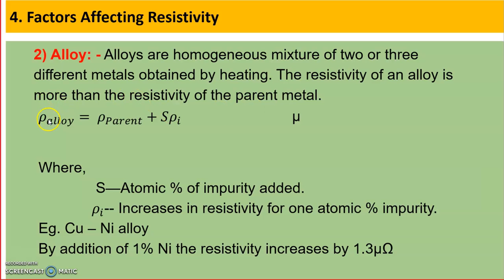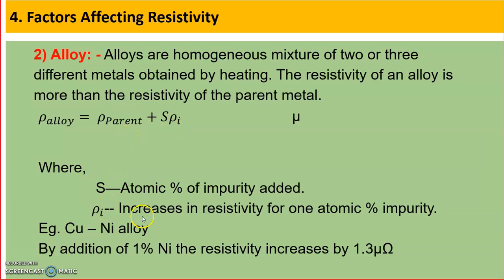So the resistivity of the alloy will be the resistivity of the parent material plus S into rho i. S is the atomic percentage of impurity added. How much impurity you will add in copper? How much impurity you will add in silver? Depending upon impurity content, your resistivity will increase.